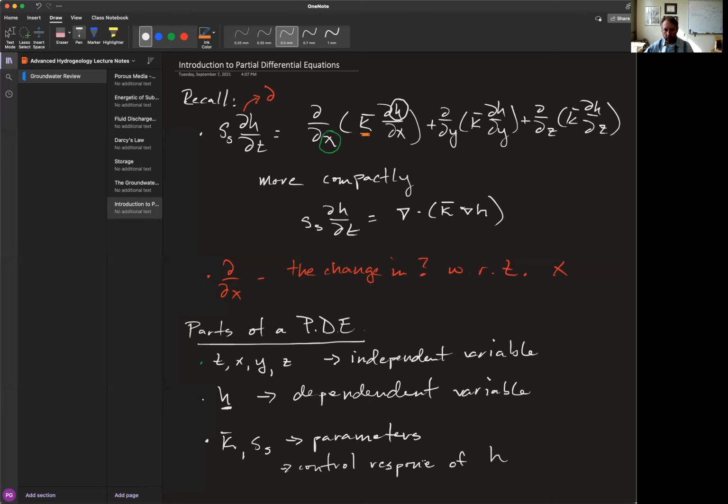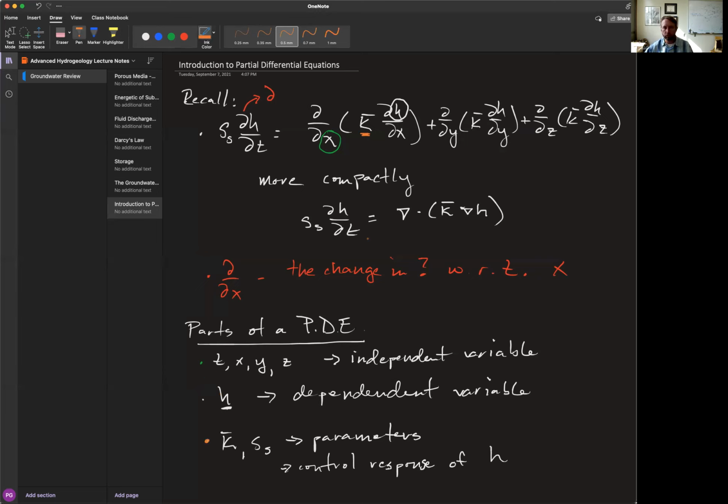All right, so they're important in controlling, for instance, how the head changes with time. SS controls how head changes with time. K helps control how the spatial variance of the head field changes. So these guys are parameters.